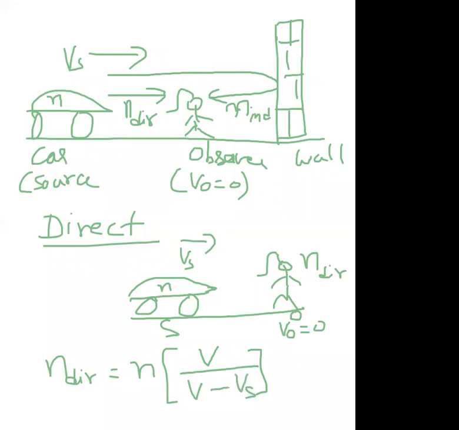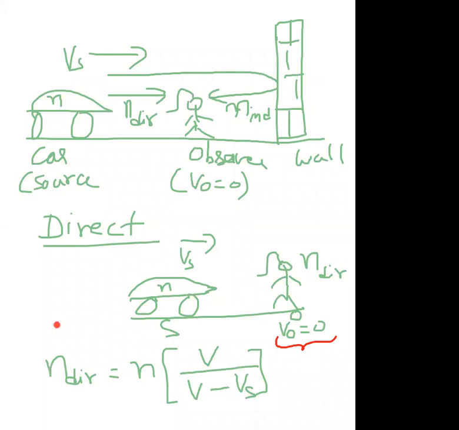Because the observer is at rest, we don't have a V naught value; V naught is 0. So we have only Vs, and according to the formula it is in the denominator. The question is whether to write a minus or plus sign. Since the source is coming towards the observer, we use the minus sign in the denominator, because, as I already mentioned many times, when the source comes towards the observer the frequency will increase.